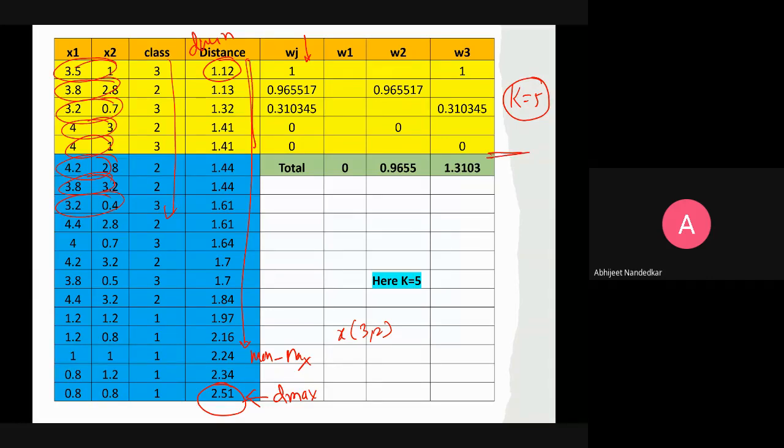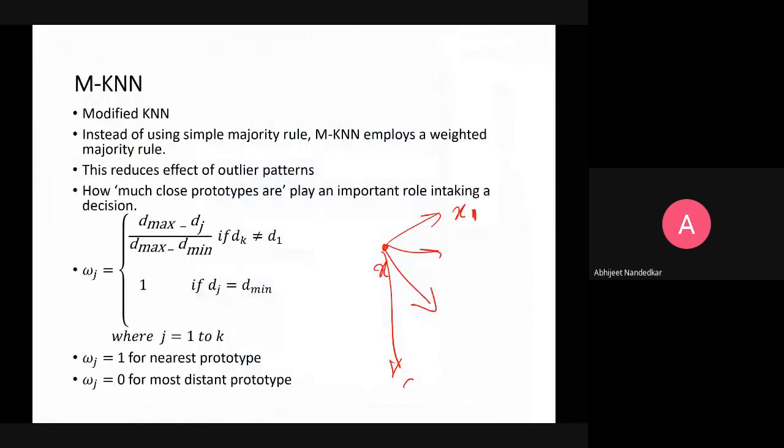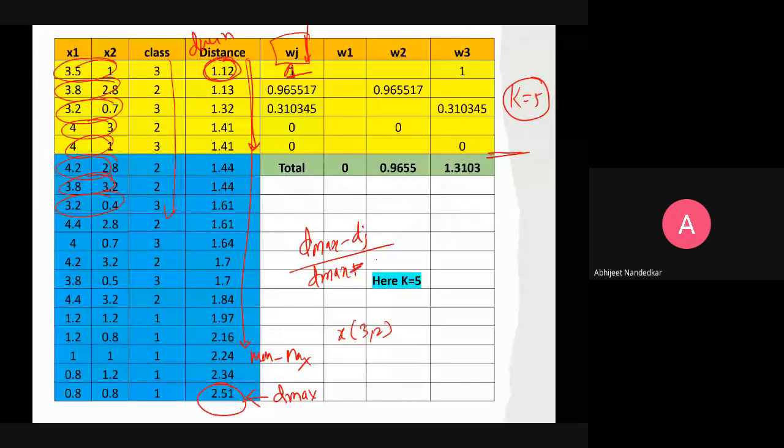We take the first 5 closest neighbors and compute their importance. Since this is the closest one, its importance is 1. And with our formula, that is d max minus dj upon d max minus, sorry, d max minus d min, I calculated all of this.